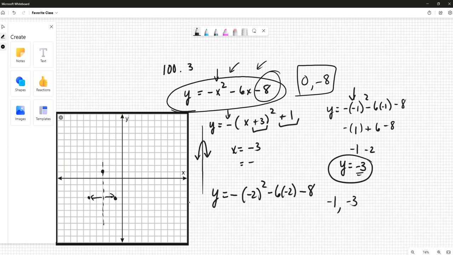All right, so this is plus 4. This is negative 6 times negative 2, which is plus 12, minus 8. So negative 4 plus 12 minus 8 is 0. So when x is negative 2, y is 0.